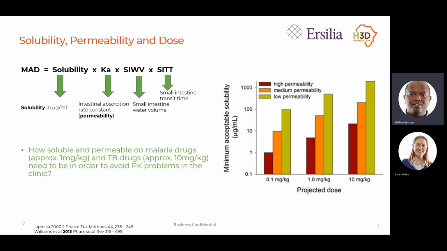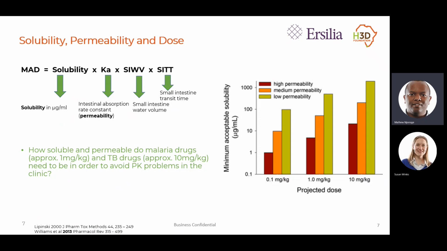And then yesterday there was a question of how soluble a compound needs to be, and we can extend it to how permeable a compound needs to be. At the end of the day, there is a relationship between the solubility of a compound and its permeability that I have here.